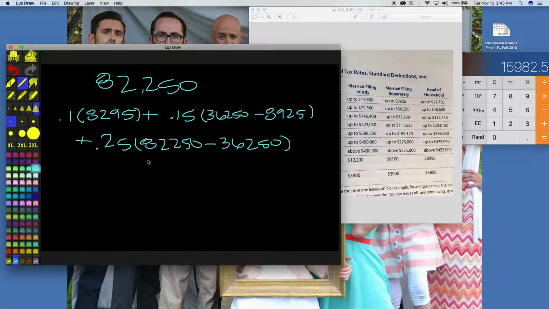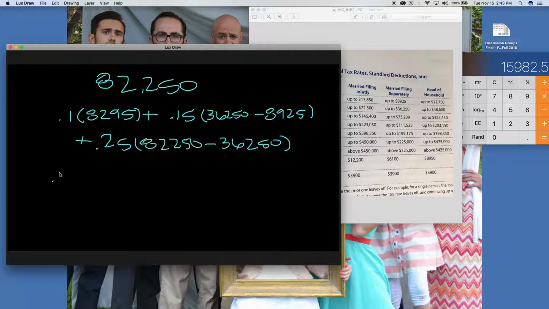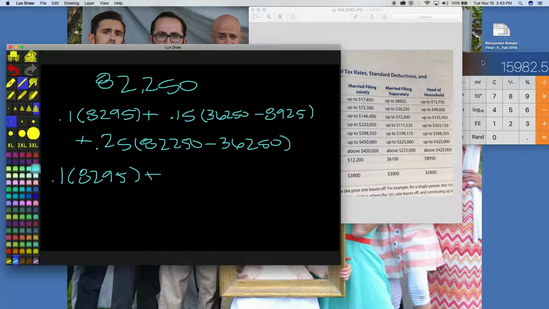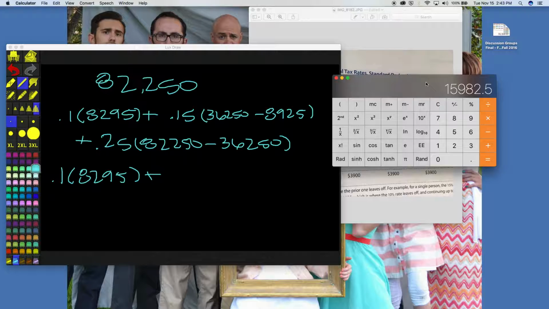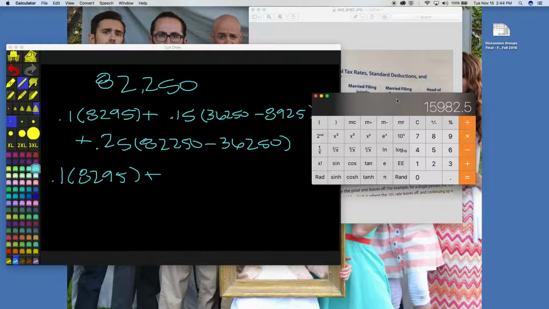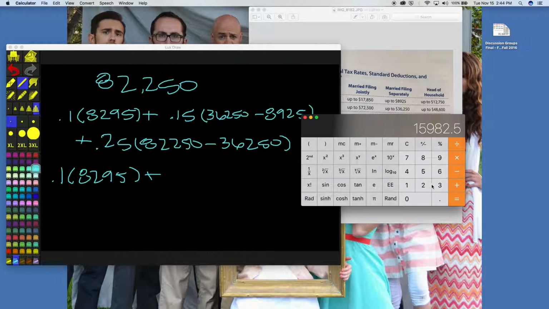So what I'm going to do is rewrite this. 0.1 times 8,295 plus, I'm going to use my calculator to figure out what this is, 36,250 minus 8,925.